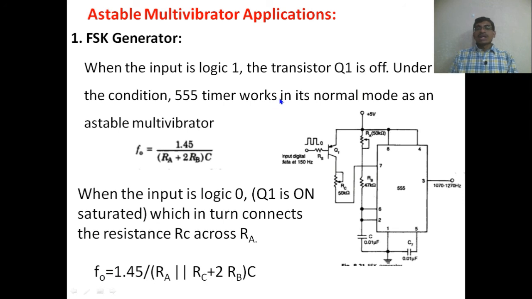So based on the input signal, logic 1 or 0, when it is logic 1 it will run at its own frequency. When the input is equal to 0, it will run at the other specific frequency. Therefore, 1 and 0 have different frequencies, and that modulated output is called frequency shift keying modulation. In this way, we can use the astable multivibrator for FSK generation.